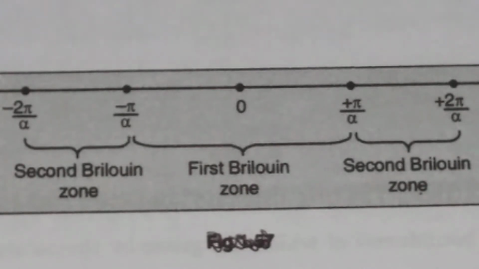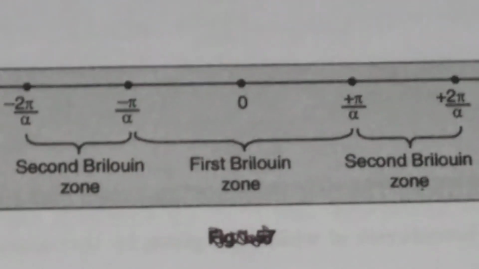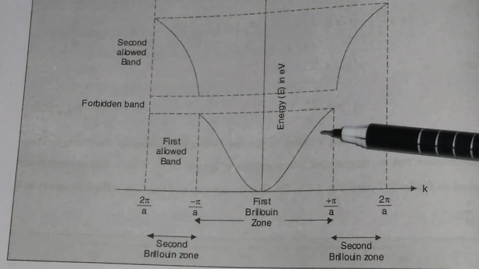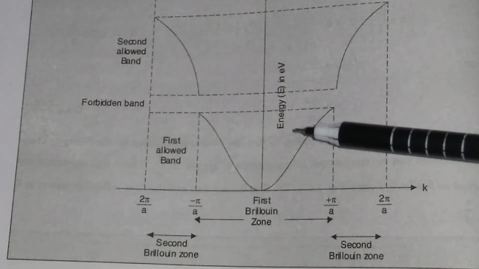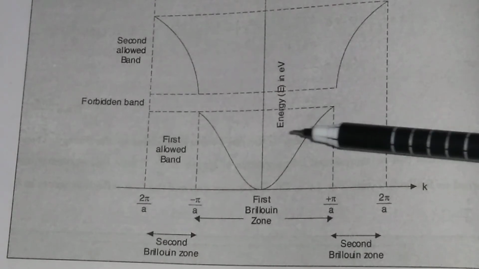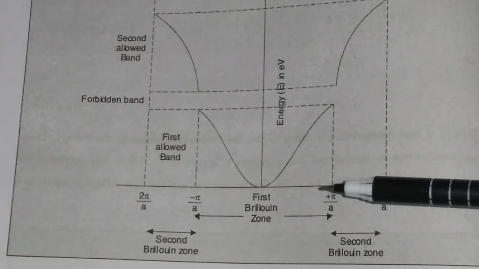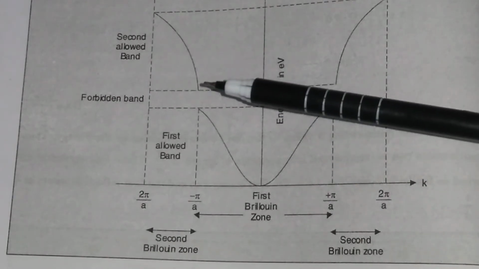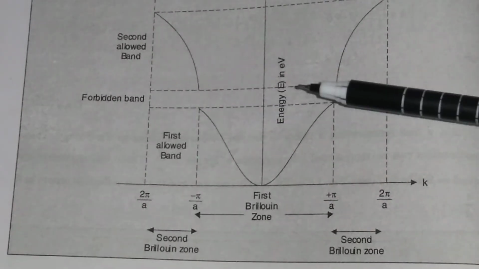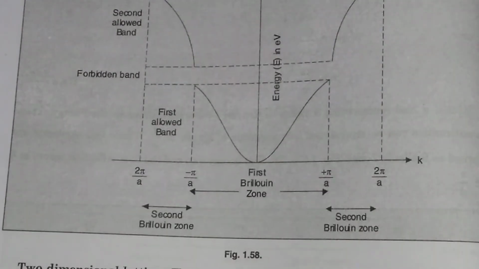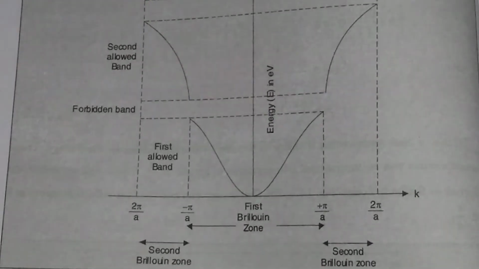Brillouin zones are the area in K space or Fourier space where the electron waves are allowed. In the energy band diagram, you will see that Brillouin zones are the area in K space where the electron waves are allowed. So from this to this, the electron waves are allowed. From this to this, the electron waves are allowed. So these are the allowed areas for electrons in K space.